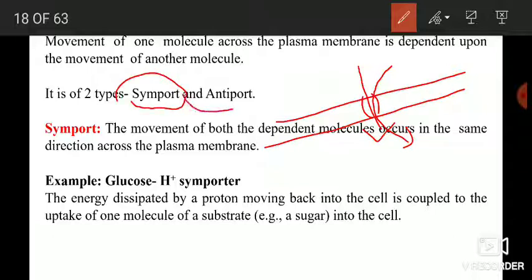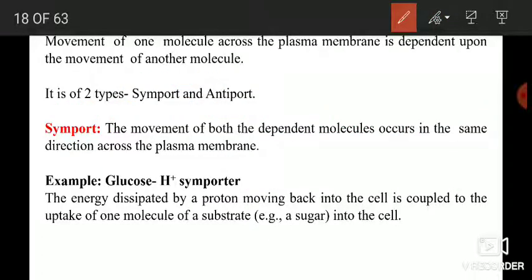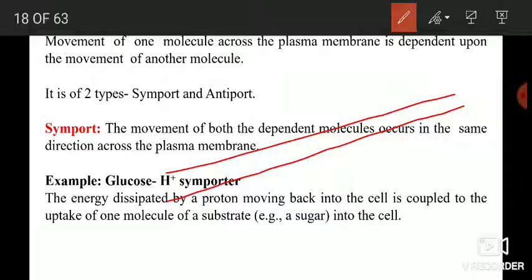One is known as symport and the second one is known as antiport. First of all, symport. In symport, the movement of both the dependent molecules occurs in the same direction across the plasma membrane. For example, in this transporter protein, both the molecules move in the same direction.